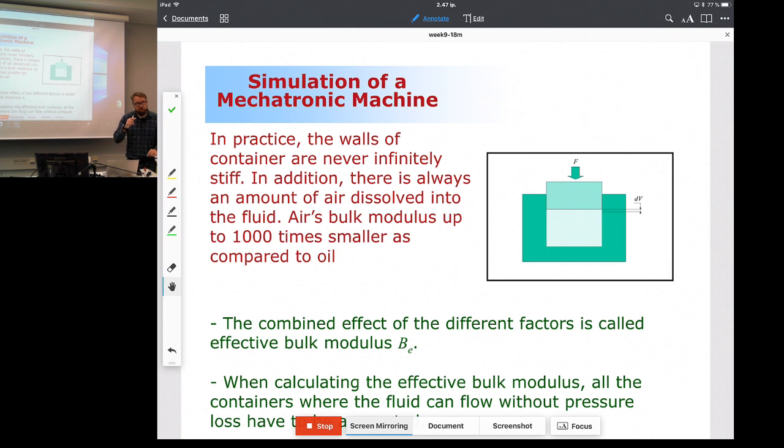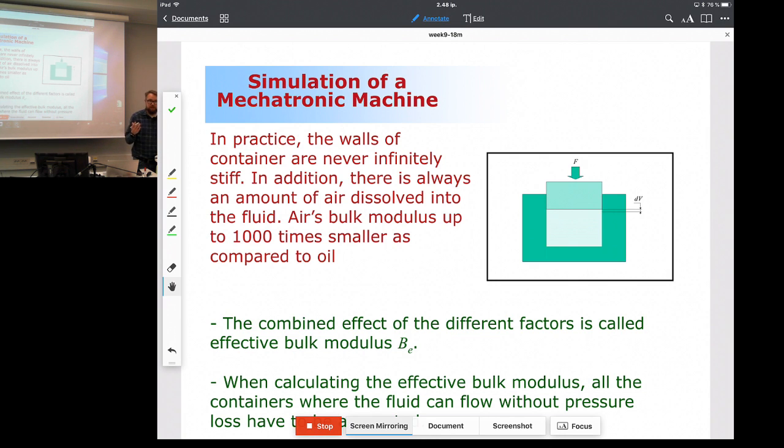Even though there is always a steel net around the hoses, their flexibility can be very significant. Another important factor is the amount of dissolved air, because no matter how carefully you do the assembly work of the hydraulic circuit, there's always a little bit of dissolved air in your system. Air, as I mentioned, is up to 1,000 times more flexible than the fluid. Even a tiny amount of air will introduce a significant difference in flexibility, so those need to be accounted for.